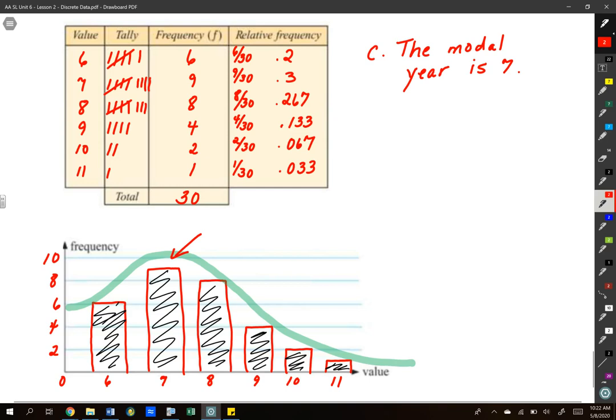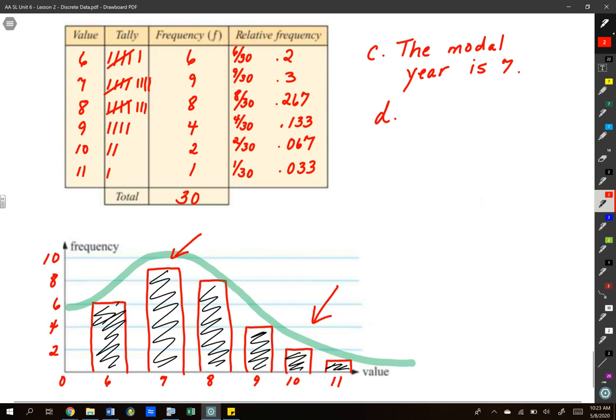All right, letter D says describe the shape of the distribution. Are there any outliers? Well, we already have our graph highlighted green helping us look at the shape. This data is skewed on the right of the graph.